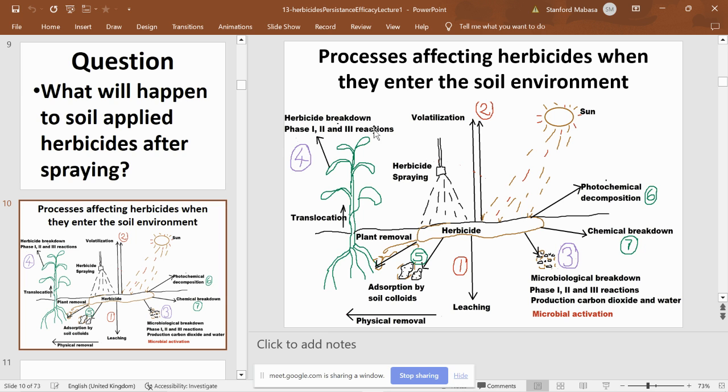So you can see this is a long process of herbicide breakdown, either in plants, number 4, or in microbes, number 3. But the processes are more or less the same. But there may not be phase 3 in some of the microbes. Right.